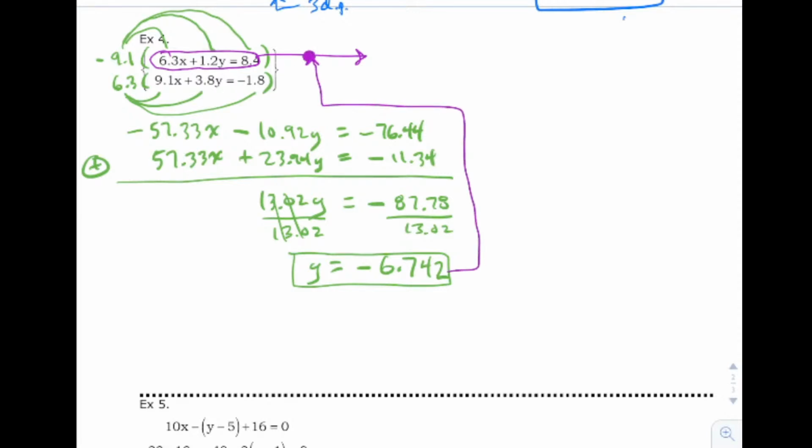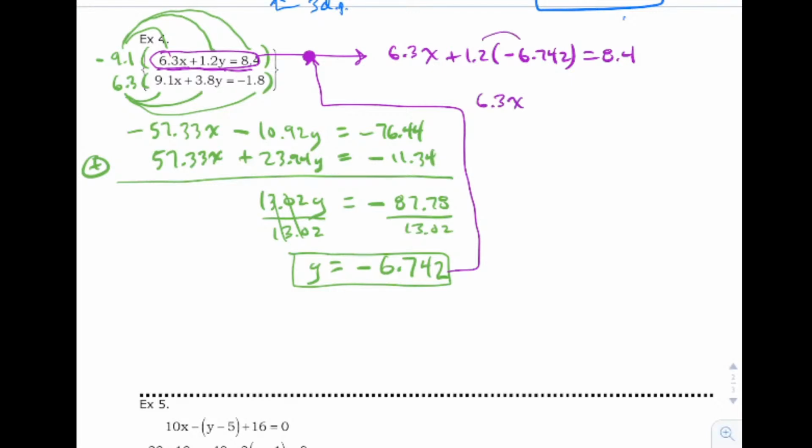But you take your y equals negative 6.742 and you plug it into this equation. 6.3x, and we don't know what x is, plus 1.2y, and we do know what y is. Y is a negative 6.742, and that equals an 8.4. So we've got to finish solving this thing up. 6.3x.